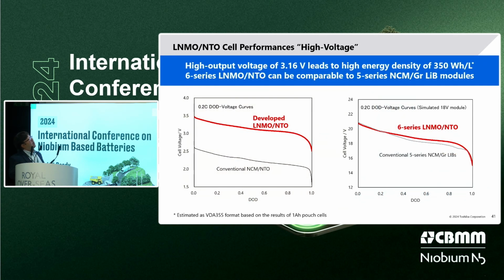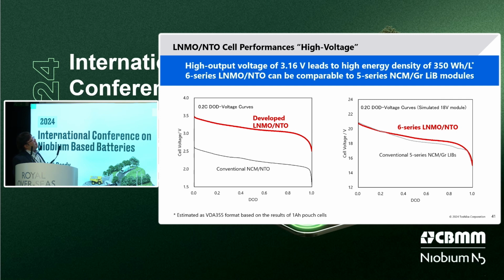And next shows the output voltage. The figure on the left shows the output voltage curve for the LNMO-NTO chemistry. As you can see here, a high output voltage around 3.16 volt as an average, and this leads to a high energy density around 350 watt-hour per liter if we apply the VDA355 format cell.